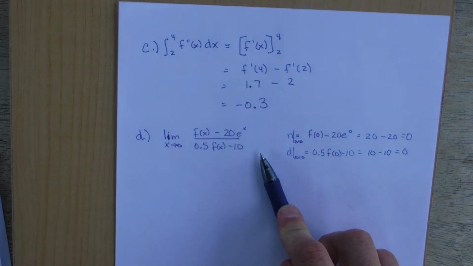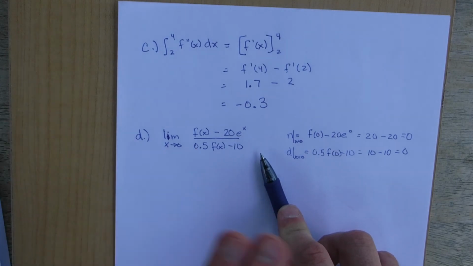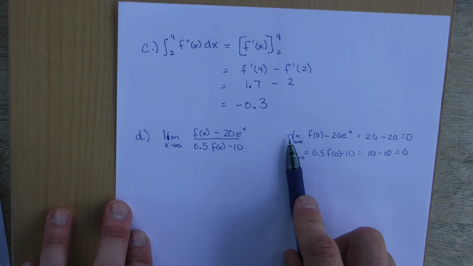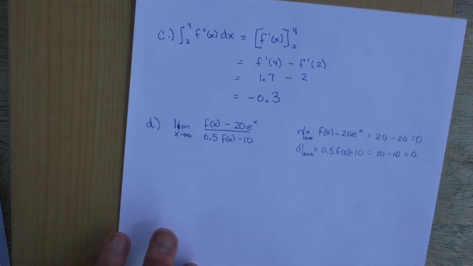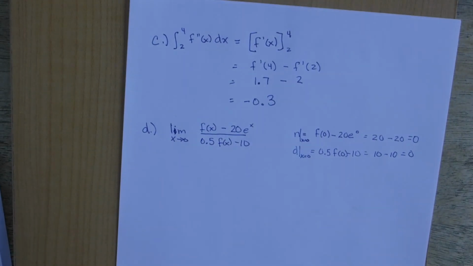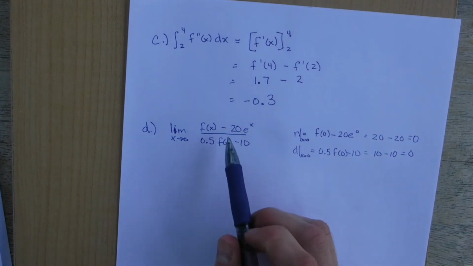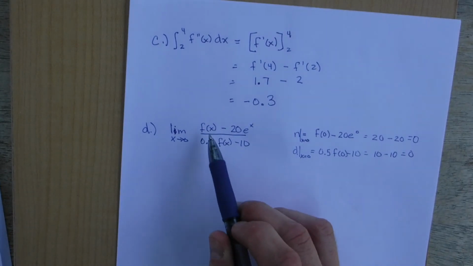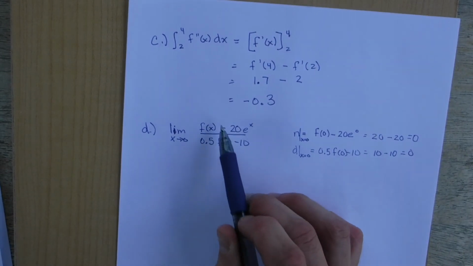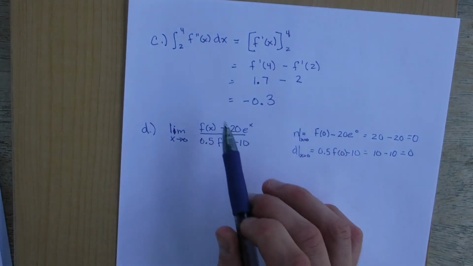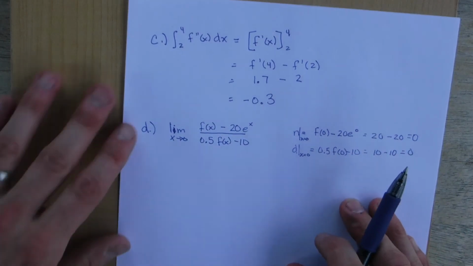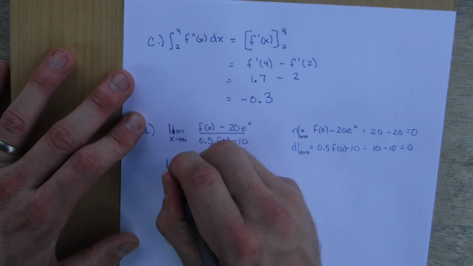Don't think of it as a quotient rule, but the derivative of the top and the derivative of the bottom, so like n prime and d prime. This also works if it's infinity over infinity or negative infinity over negative infinity. These have to be the same, and they have to be infinities or zeros. Okay, so L'Hopital.